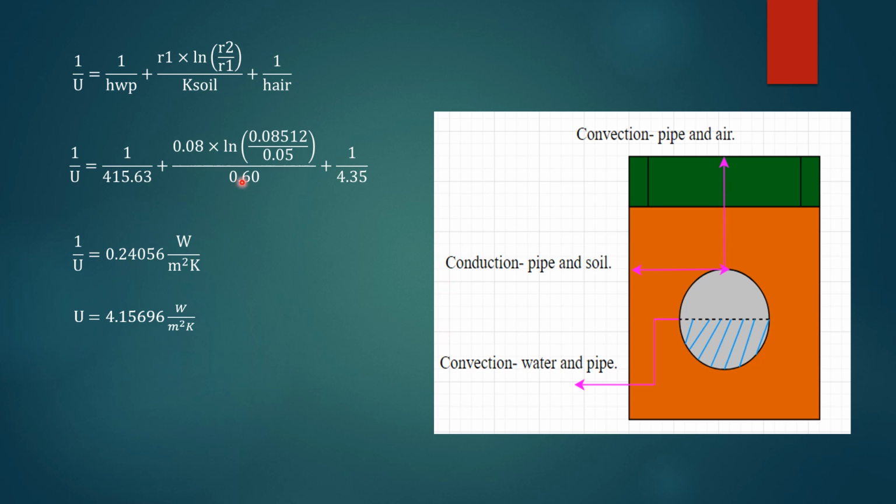Now filling in the variables that we have already in this equation, we get a value of 1/U equal to 0.406056, and then finding the inverse of the value, we find the overall heat transfer coefficient equal to 4.15696 watts per meter squared Kelvin.